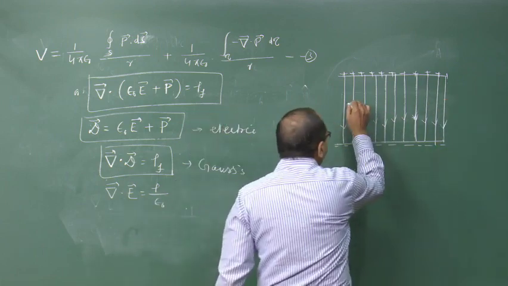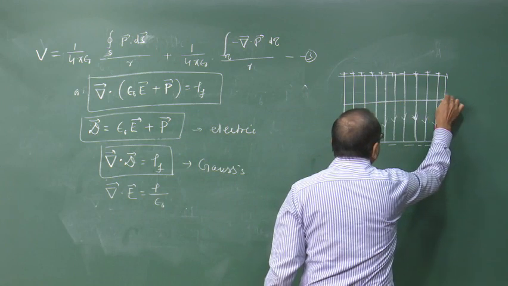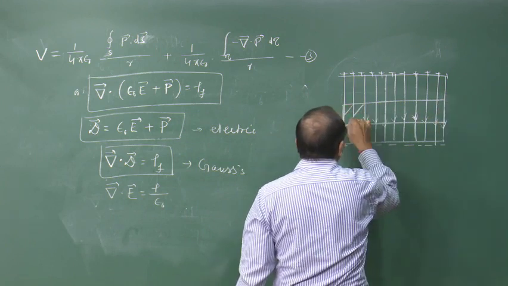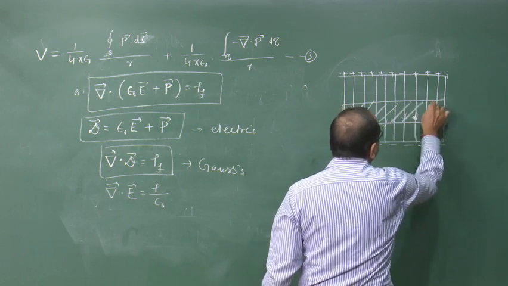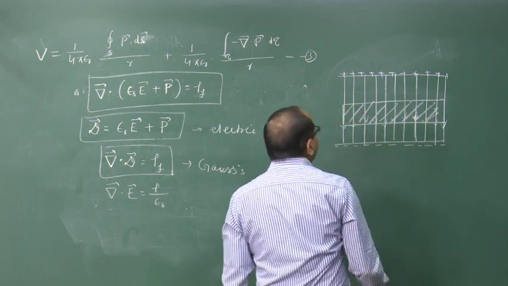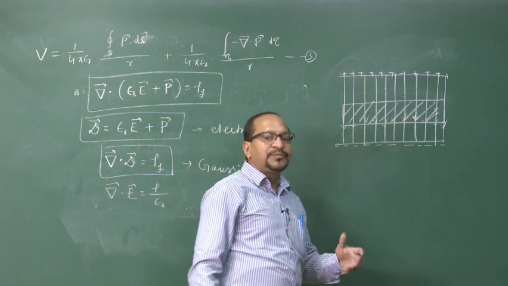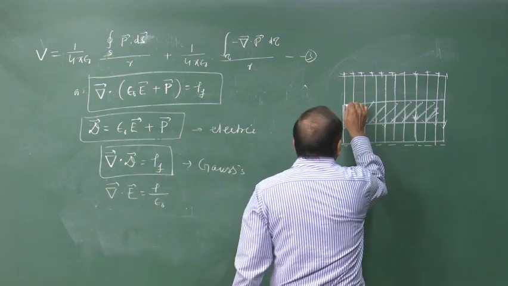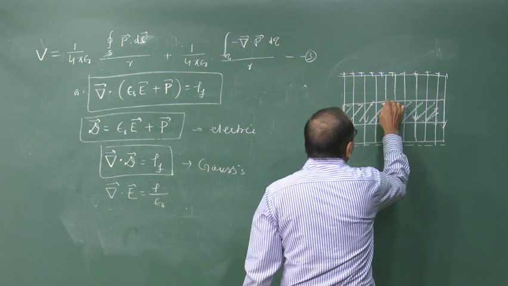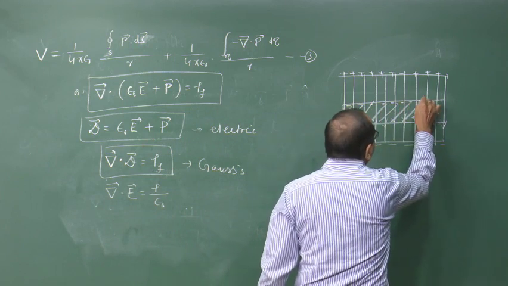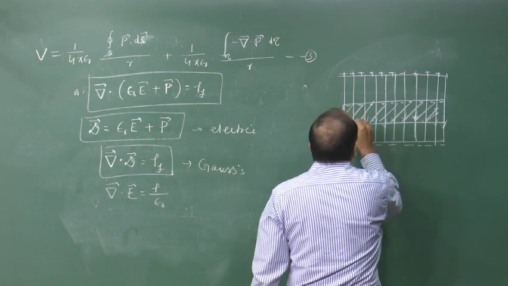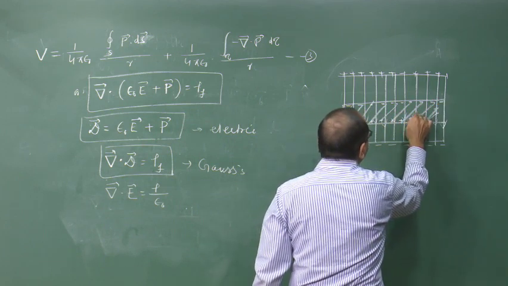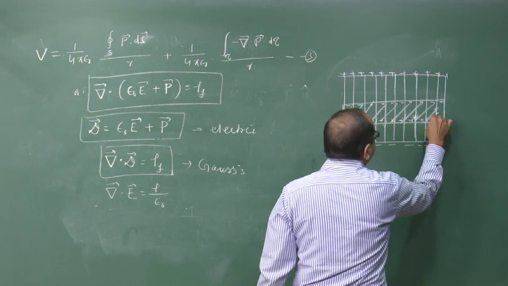But once we introduce the dielectric material between these plates, this dielectric material gets polarized because of the electric field, so that some polarized charges are developed at the two opposite faces of the dielectric.